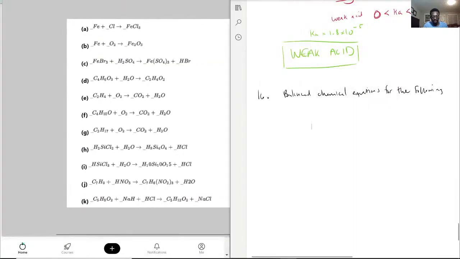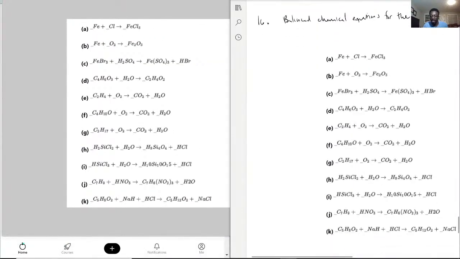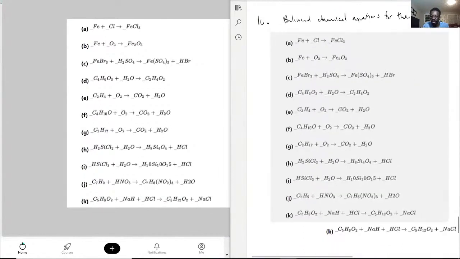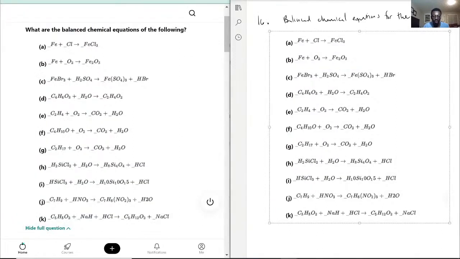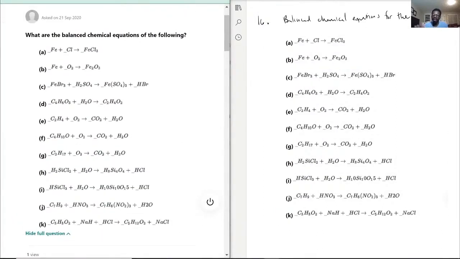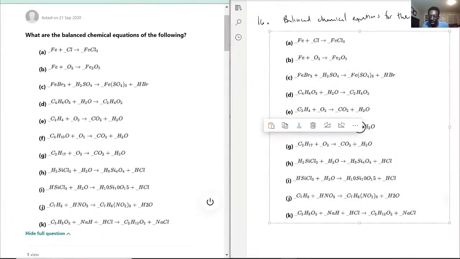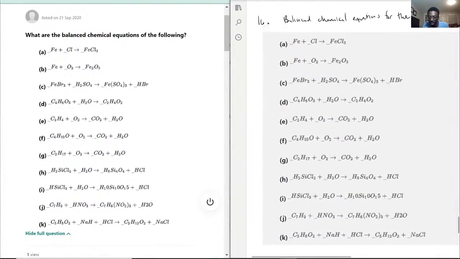Nice, it actually worked. So, just exit out of this now, get back to our question. Okay, so we now have it nicely written down for us, and we're allowed to just go ahead and balance this.